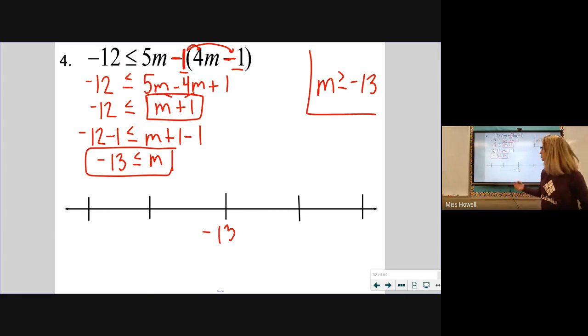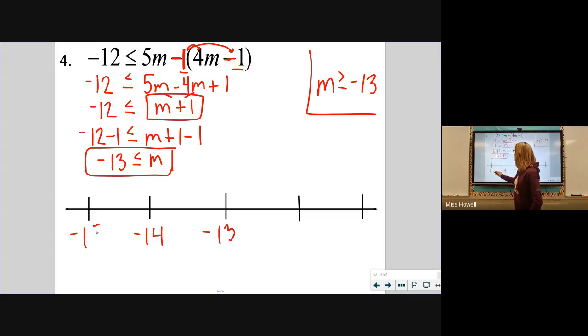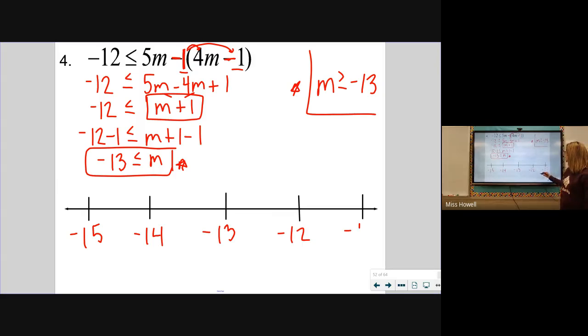Those mean the same thing. So make sure, no matter if you're using this version or if you're using this version, they both mean I should be having a closed-in circle and I should be shading the solutions properly towards positive infinity, so be careful.